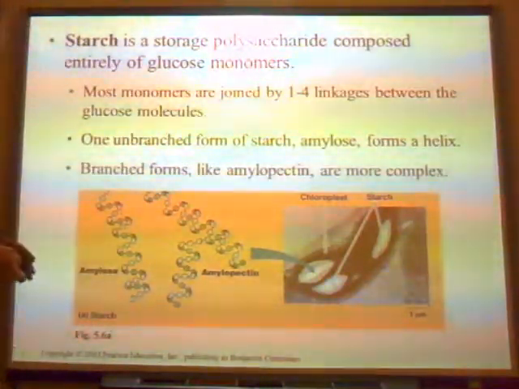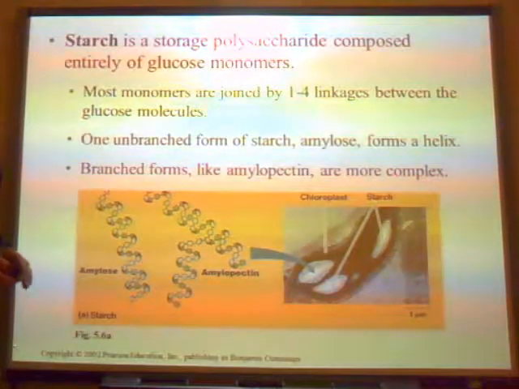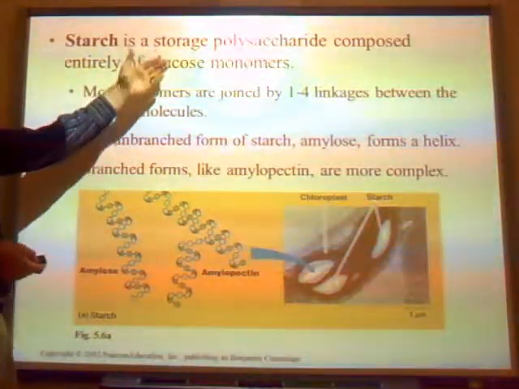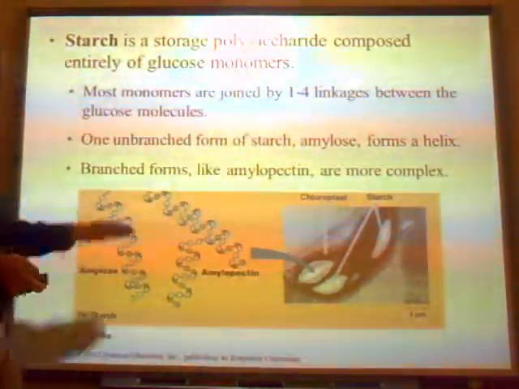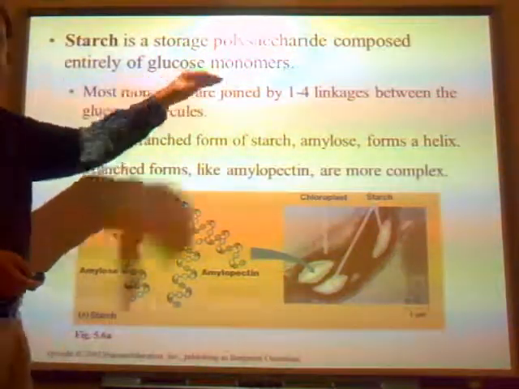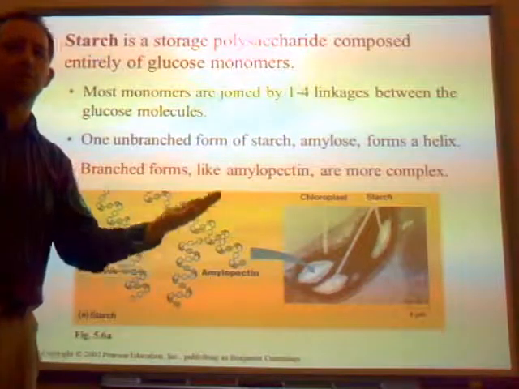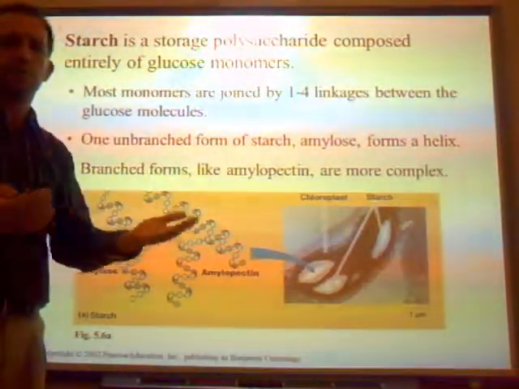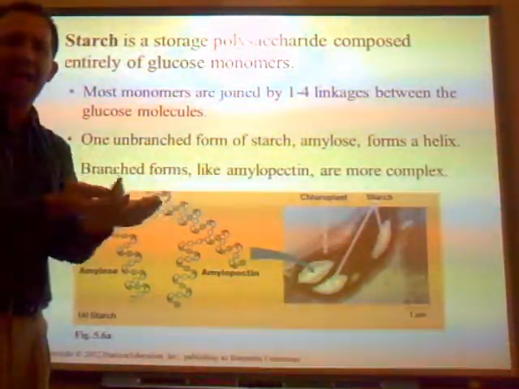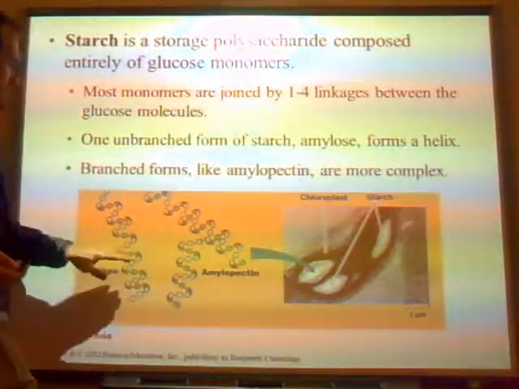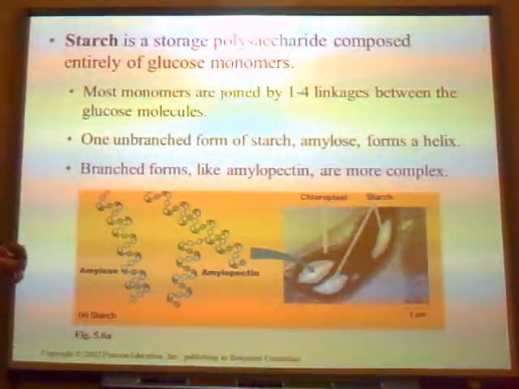So here's the first one for us to talk about, one that is probably fairly common, which is starch. This is a polysaccharide that is composed entirely of glucose monomers. And so what we mean by that is you're taking glucose and glucose and glucose and glucose and just continuing to add them together. And as you add them together, you end up with these starches.